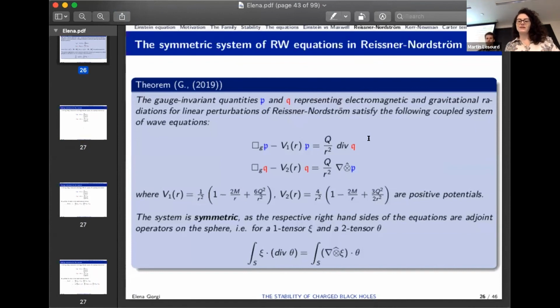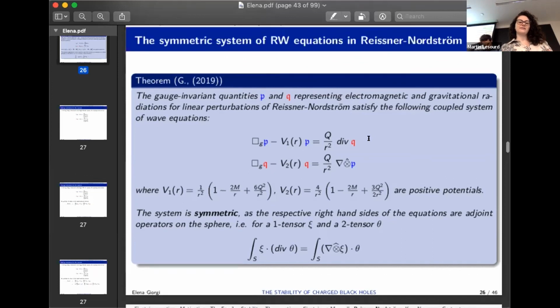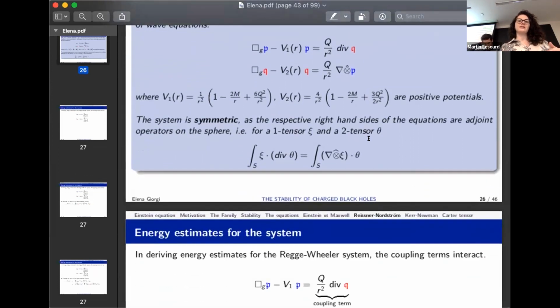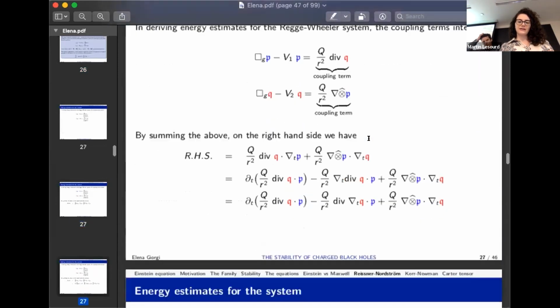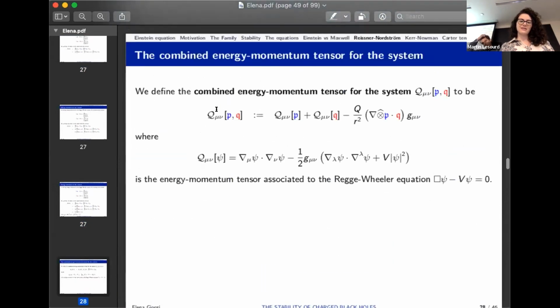And the reason why this works, I guess, goes back to the fact that there is a physical space structure that can be expressed in this combined energy momentum tensor. In the case of Reissner-Nordström, it's really pretty simple to write. It's really this one. And in the Kerr-Newman case, I don't know if that's clear, but you're modifying what you have to do.